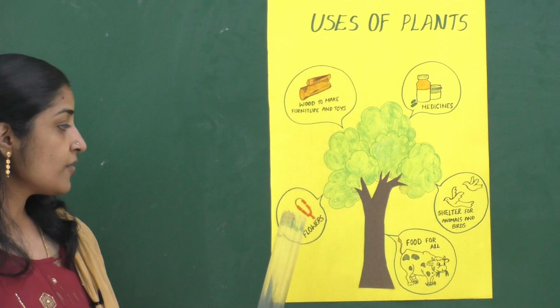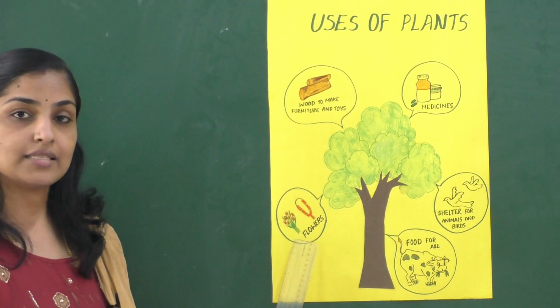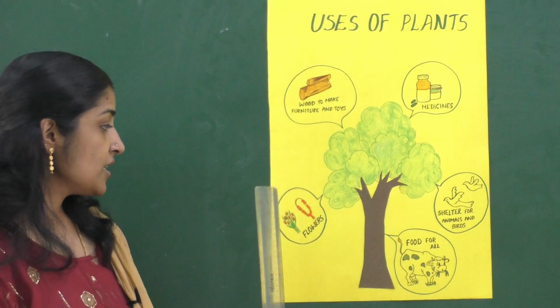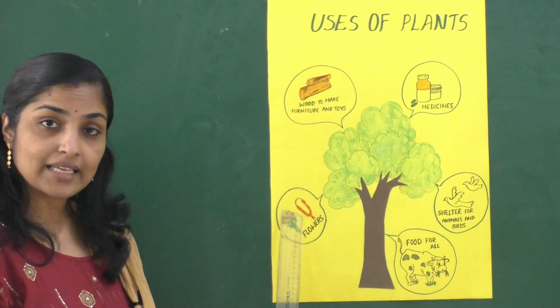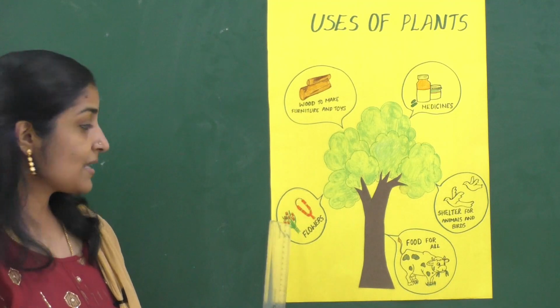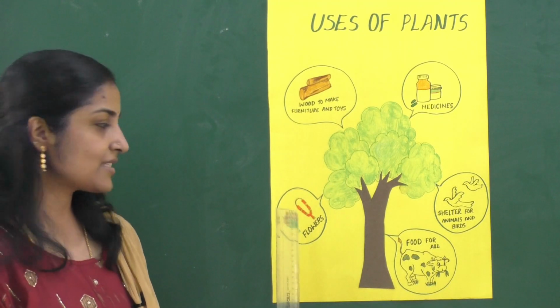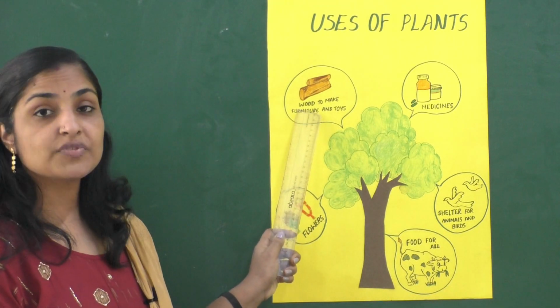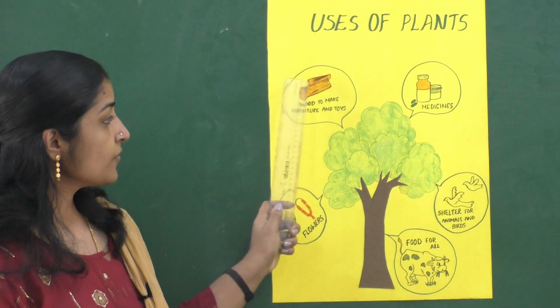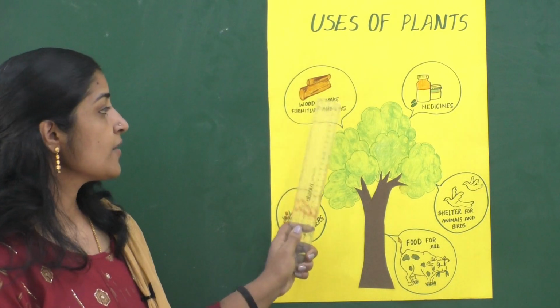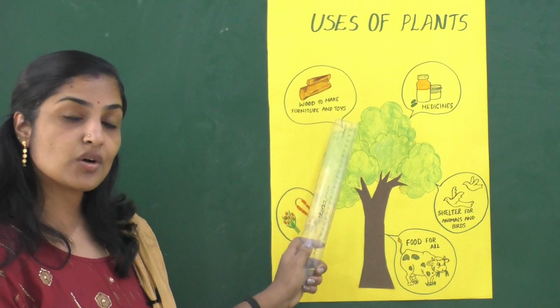Then we get flowers from plants, with which we make garlands, and a bouquet also contains many flowers. Next, we get wood from trees. We use wood to make furniture and toys.